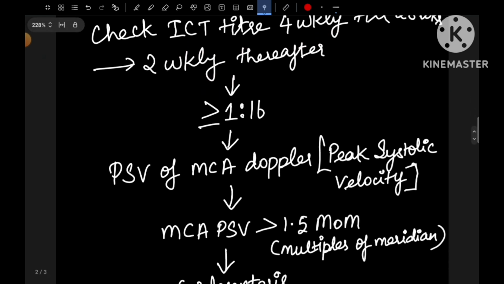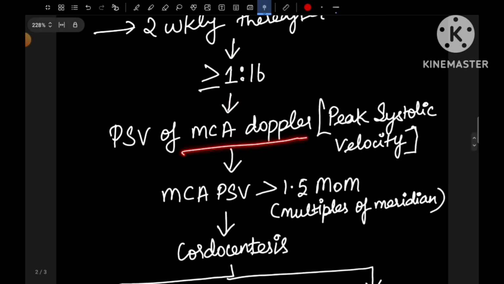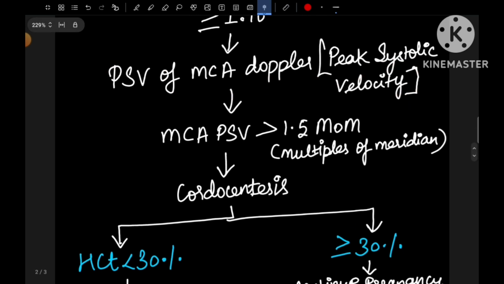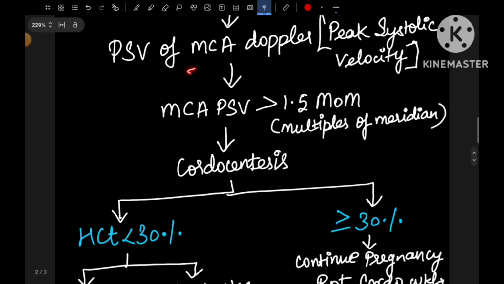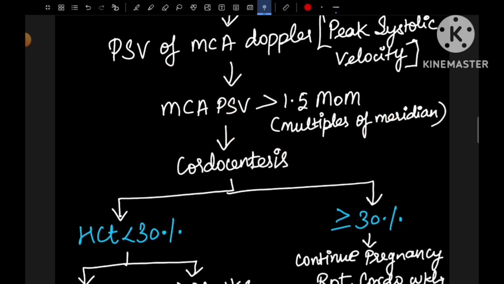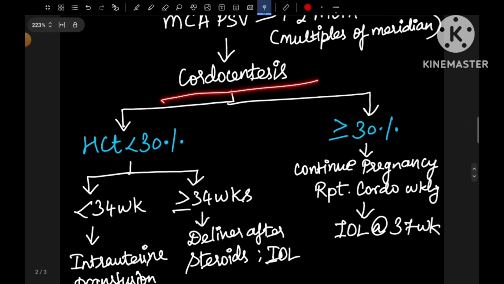If the titer is more than or equal to 1:16, take an MCA Doppler. In the MCA Doppler, you are seeing the peak systolic velocity, and if it is more than 1.5 multiples of median, then we have to do cordocentesis.